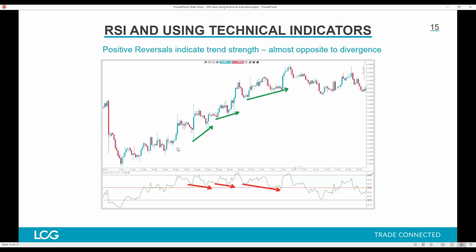So the idea here is that price has made a higher low, as you would hope in an uptrend, but the momentum, as represented by the RSI, has made a lower low. Even though the momentum is falling off a bit, the market is strong enough to put in a higher low. That's the concept.